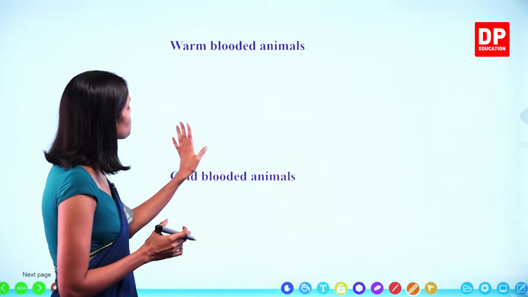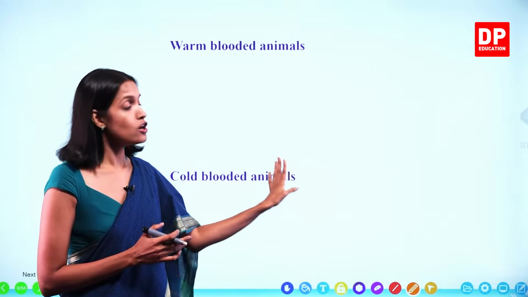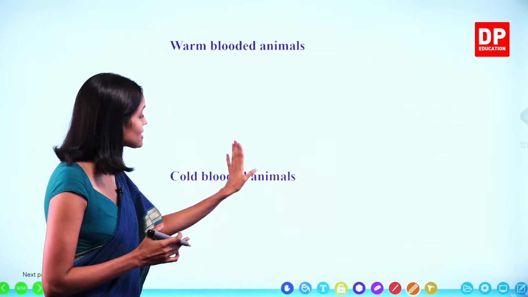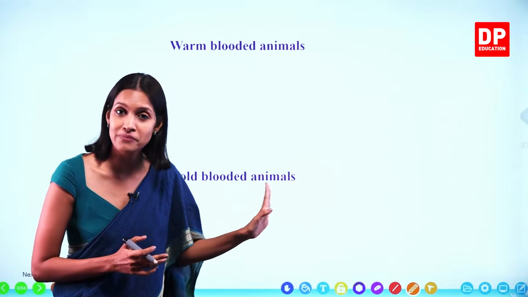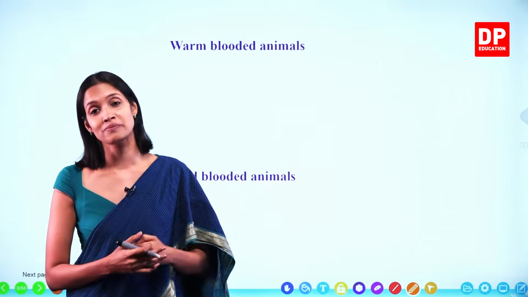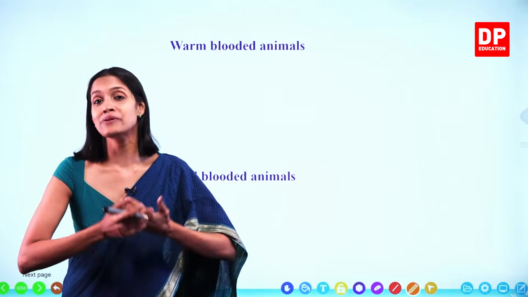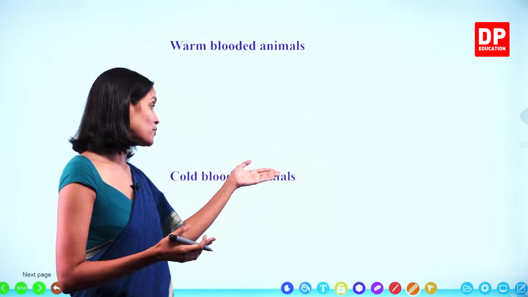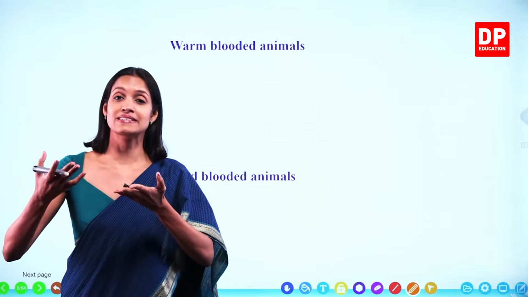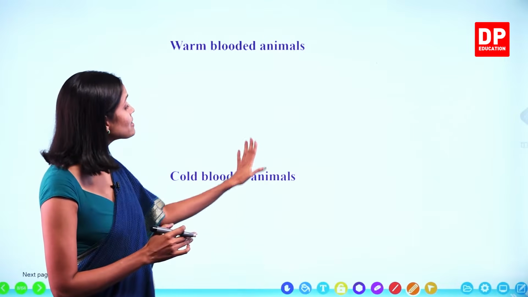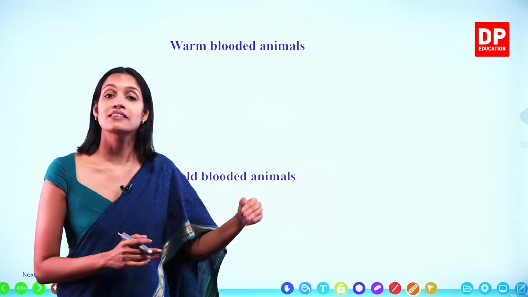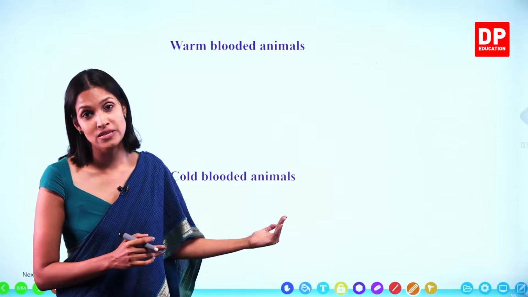What is the meaning of cold-blooded animals, children? Cold-blooded animals cannot control their body temperature according to the environmental temperature, which means when the environmental temperature increases, their body temperature also increases. When the environmental temperature reduces, their body temperature also reduces.